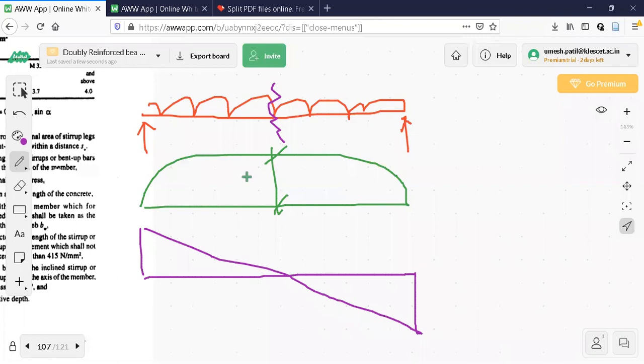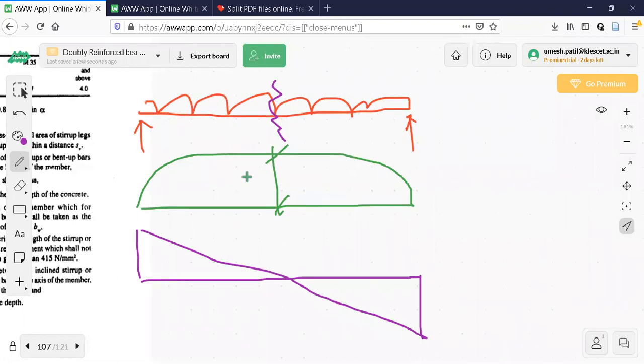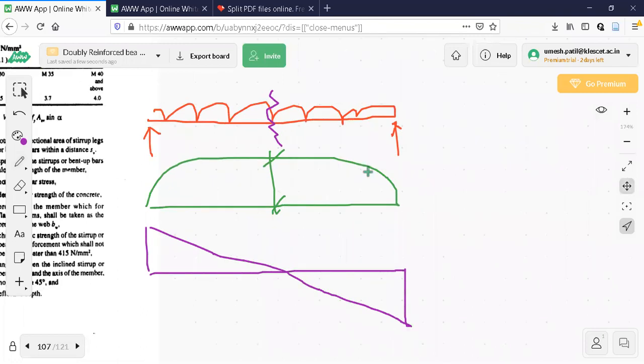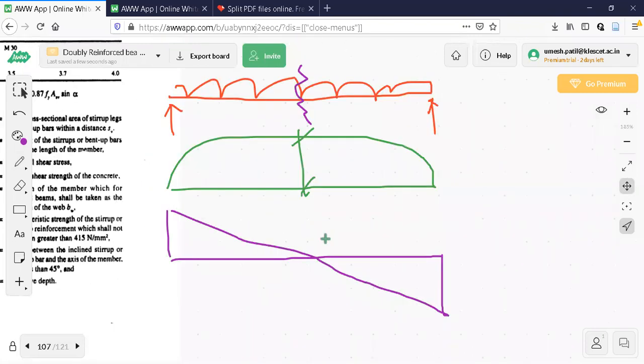Now the second possibility is that the beam is going to fail due to shearing. Now if you look at the shear force diagram, where is the possibility of failure of beam due to shear? As you know, if it fails due to bending, the likeliest position is the center of the section, or the point where the bending moment is maximum.